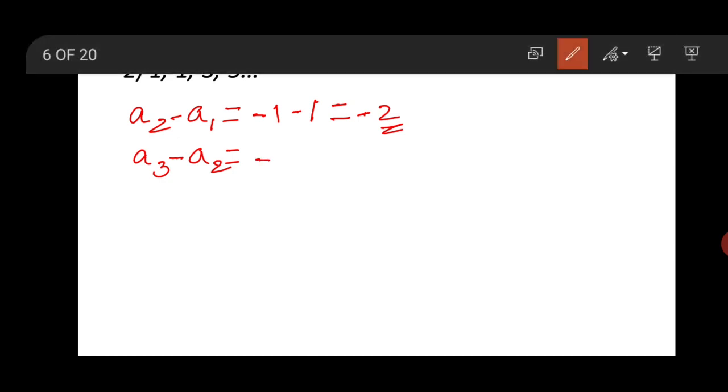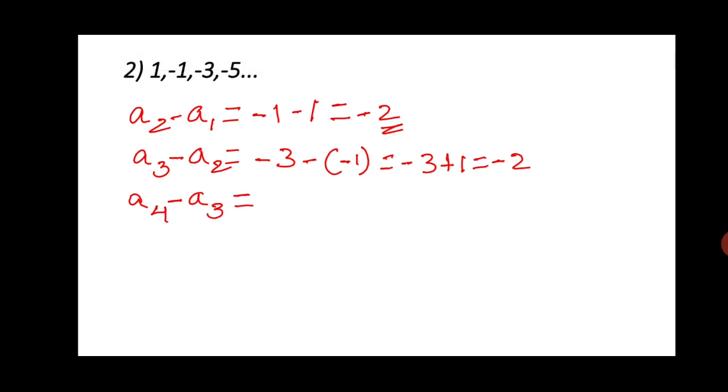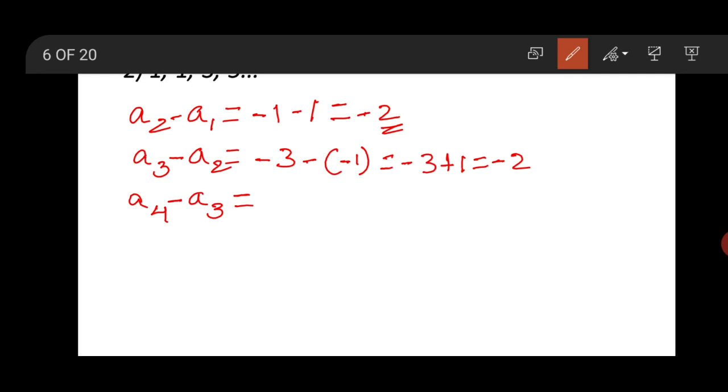Again A3 minus A2. A3 is minus 3, minus A2, which is minus 1. So write down inside the bracket minus 1. After simplification you will get minus 3 plus 1, that's equal to minus 2. Again, the next difference A4 minus A3 is equal to minus 5 minus A3.